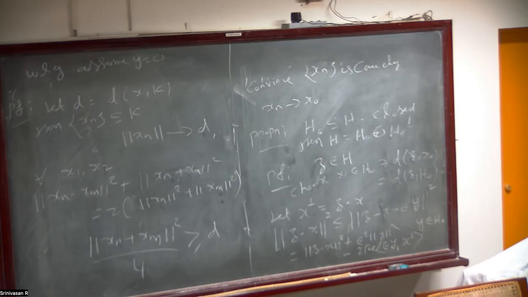And z minus x is in H naught perp, and it is in H naught double perp. So z minus x has to be zero, because of uniqueness.